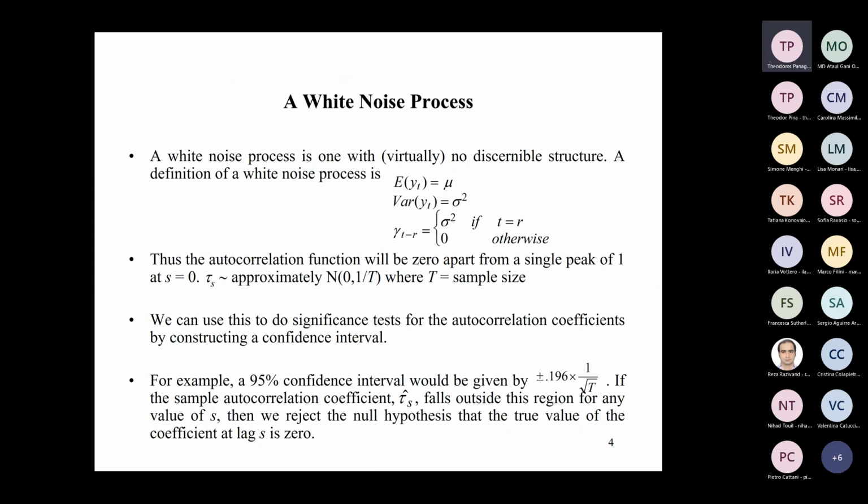Now, a white noise process is a process with no structure. A white noise process is a random process. A white noise process has 0 autocovariances.